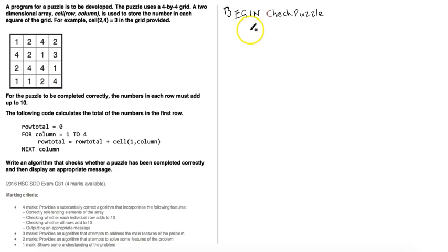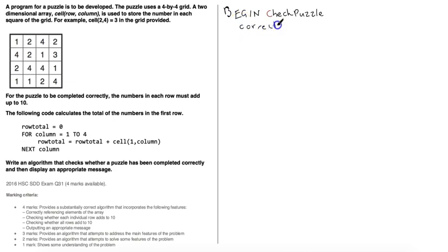Okay, and we need a variable that's going to keep track of whether a puzzle, or a particular row in the puzzle, is correct or not. So if it adds up to 10 or not. So we can have a Boolean variable for that.